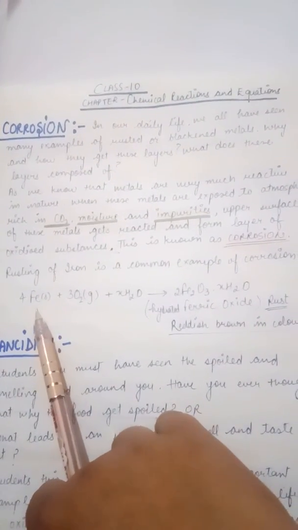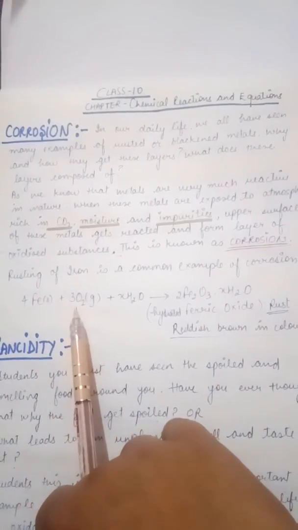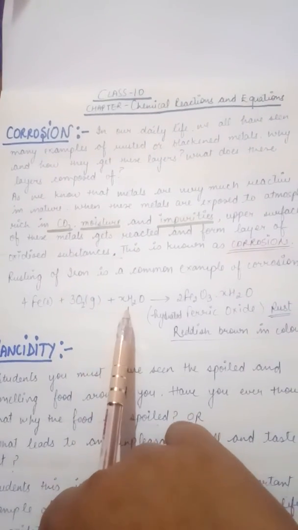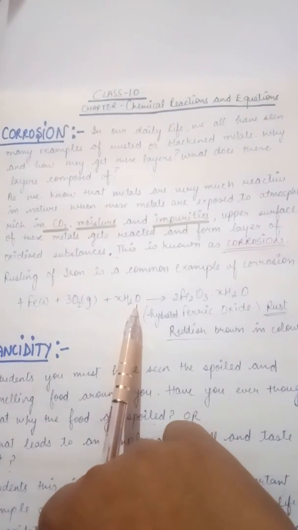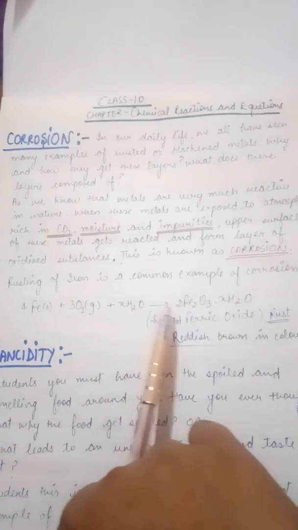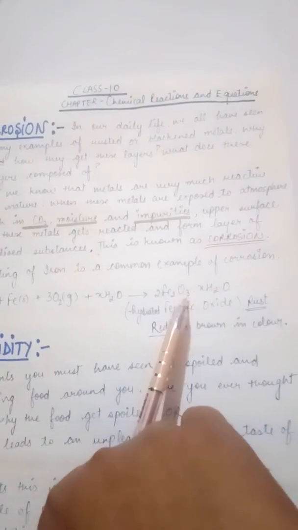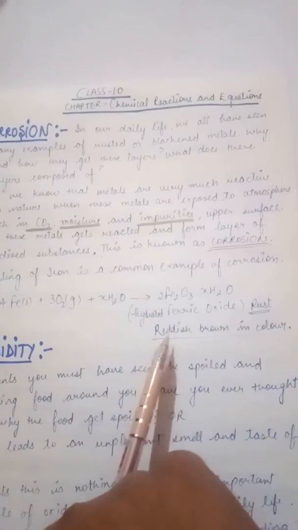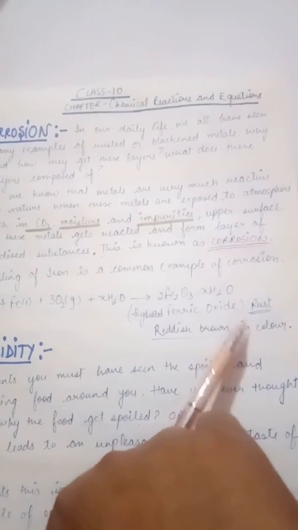In this, iron, that is Fe, reacts with oxygen in the presence of excess moisture to form hydrated ferric oxide. This hydrated ferric oxide is reddish brown in color and we commonly know it as rust.